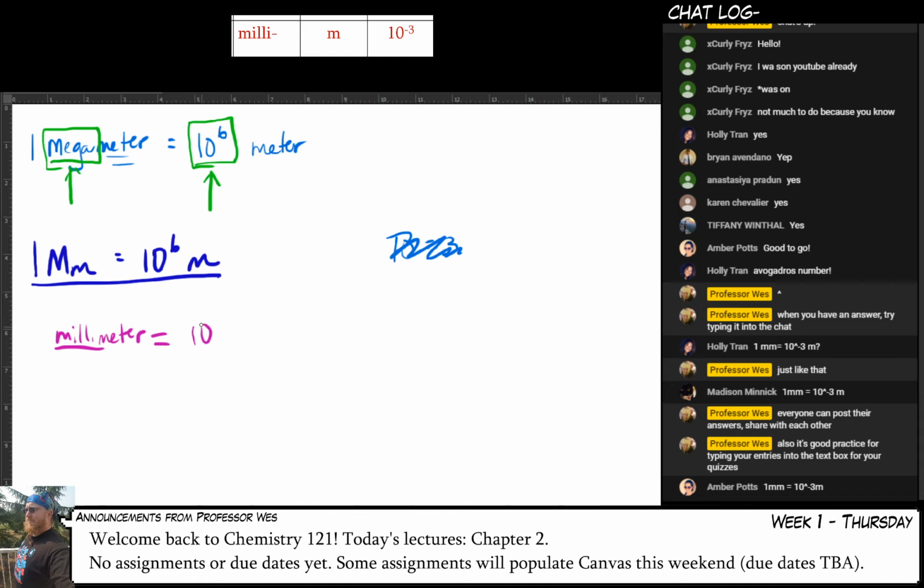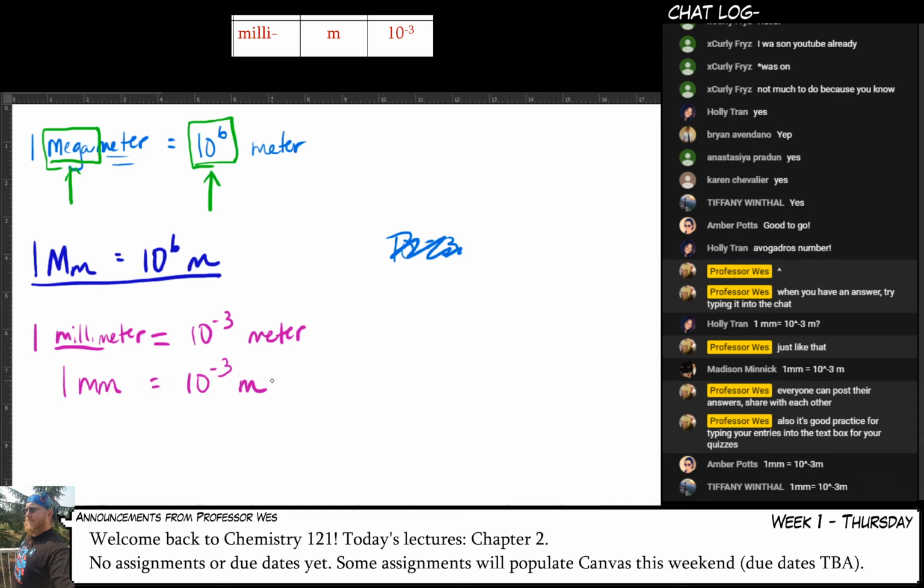And then I'm going to put the 10 to the minus 3 on the other side. And then we got to put a number 1 there because I got to have 1 of something. And then I'm going to condense that down to a prefix. So 1 lowercase m for millimeter equals 10 to the minus 3 meters. There you go. You're all set.